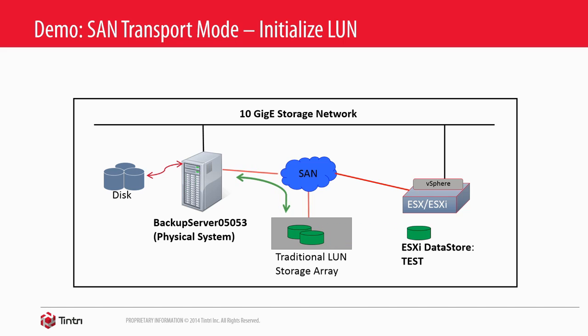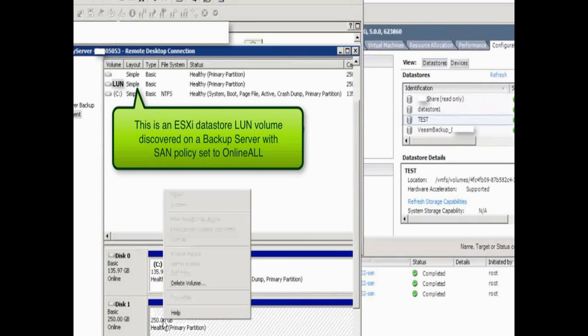So this is an example that I'm going to be showing you in a quick short MP4 movie. In this example, what we have is a backup server, which is a physical system. We have the traditional LUN storage attached, and then the ESXi datastore, and the traditional LUN storage also is provisioned to the ESXi datastore.